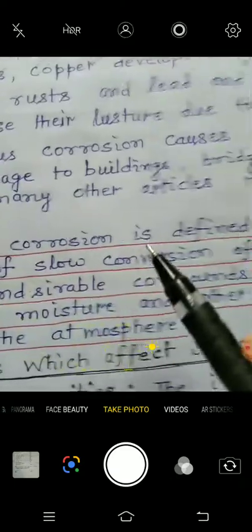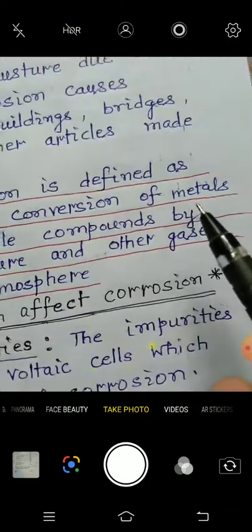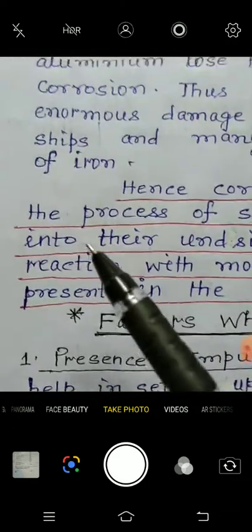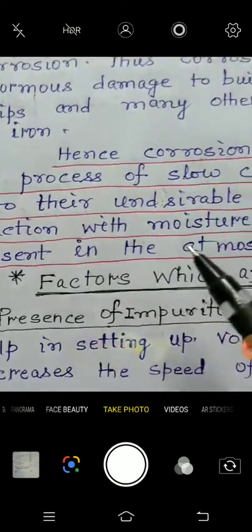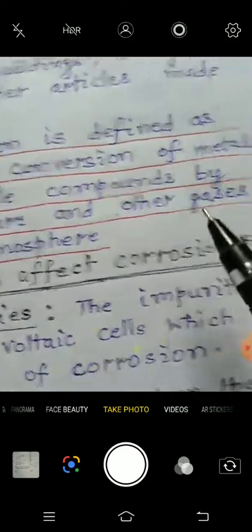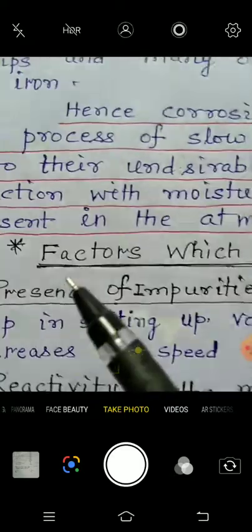Hence, corrosion is defined as the process of slow conversion of metals into their undesirable compounds by reaction with moisture and other gases present in the atmosphere.